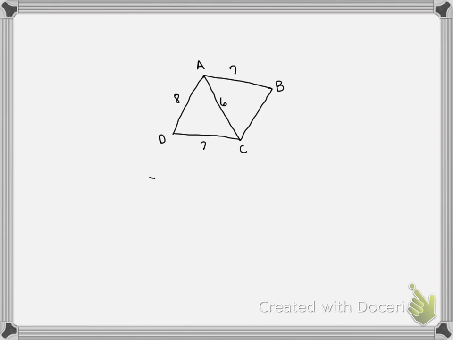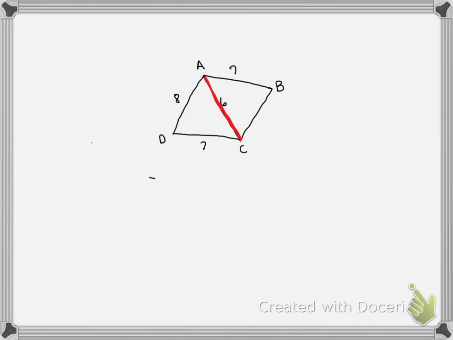All right, so when we're looking here, I'm going to change my color just to make a point, okay? This is a shared side, okay? That side in both triangles is congruent, okay?